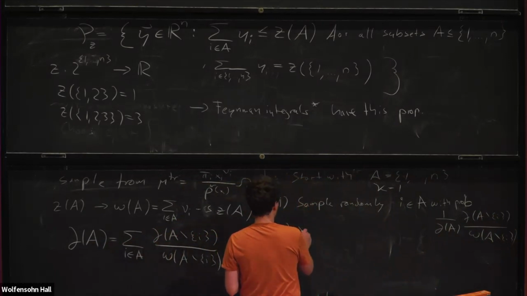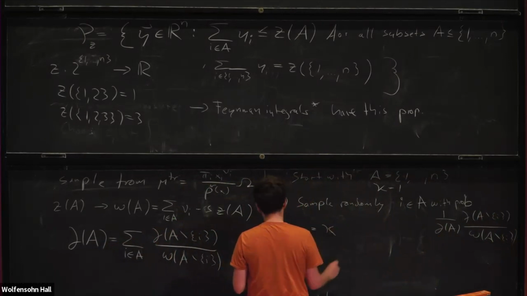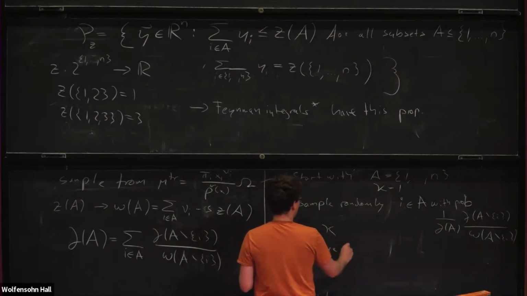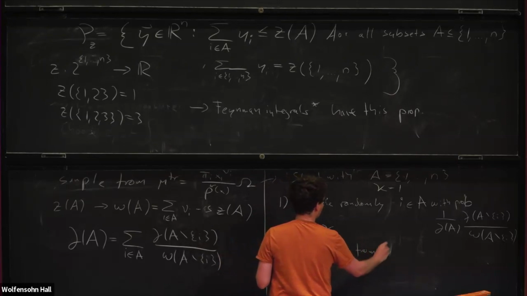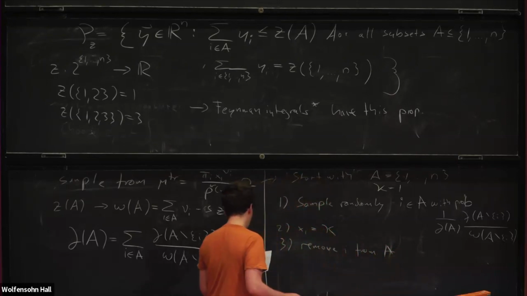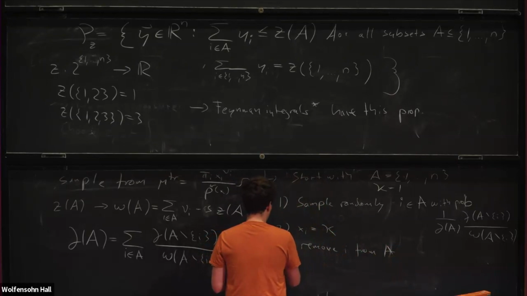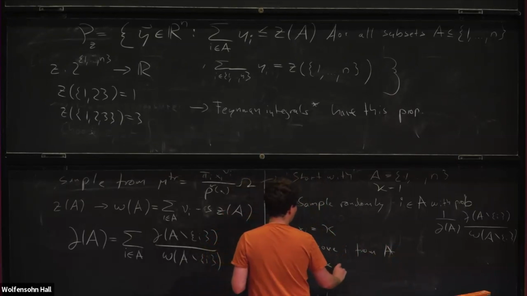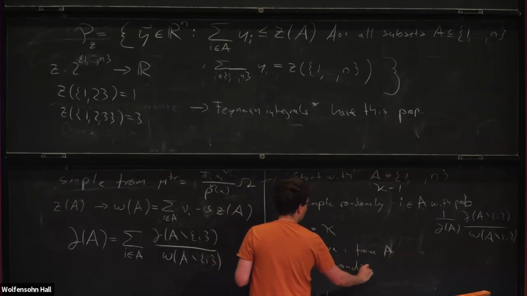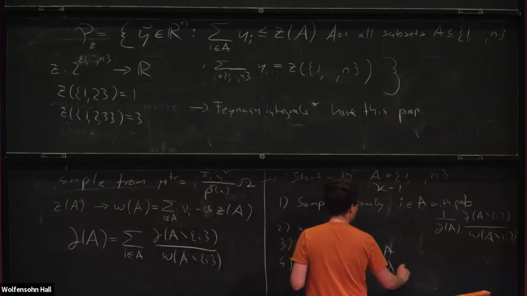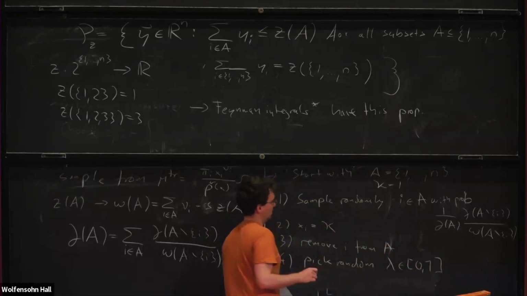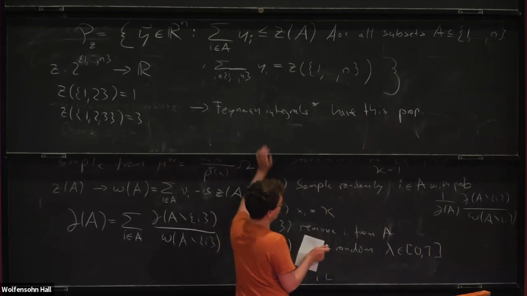Then you set x_i equal to kappa, and in the next step you remove i from A. And in the last interesting step you pick a random lambda uniformly, and you use this lambda to rescale kappa.